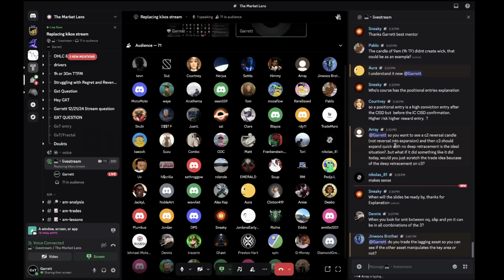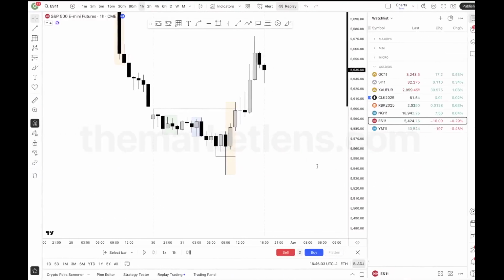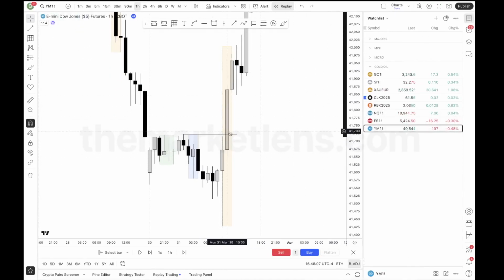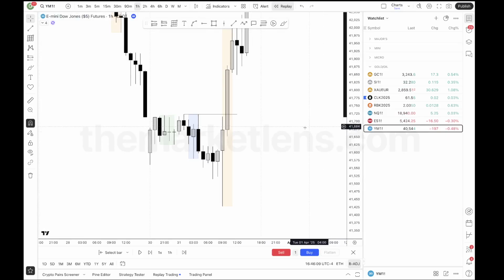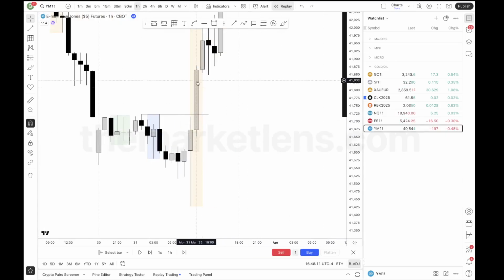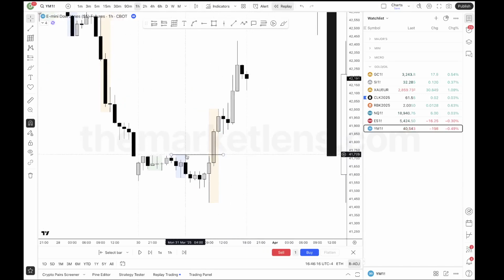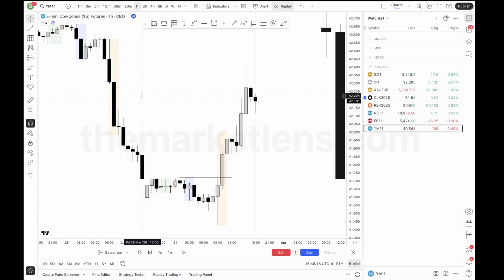Do you trade the lagging asset? Yeah, you can trade the lagging asset. If you look at YM here, I didn't trade YM. I traded ES or NQ, I forgot. But here, I don't know how far we're going to displace through these highs and what we're going to target.